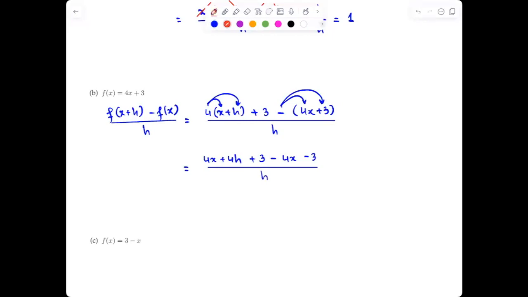Just simplify: positive 4x, negative 4x cancel out, positive 3, negative 3 cancel out, and you're left with 4h divided by h, or just 4 for the answer. Any questions?